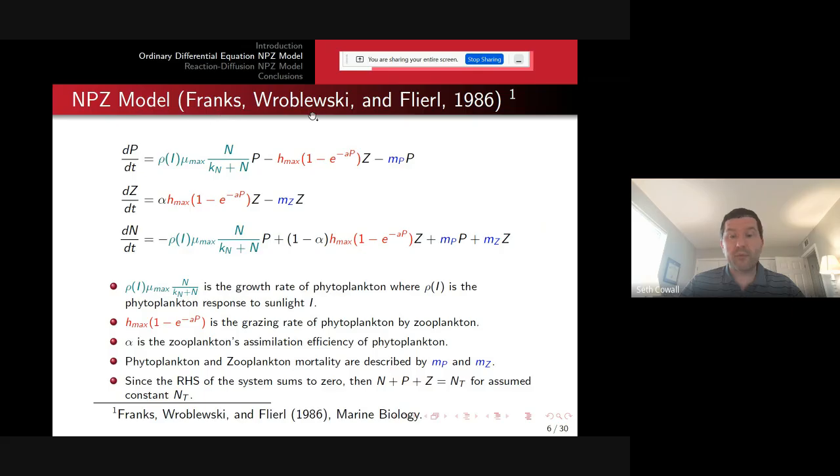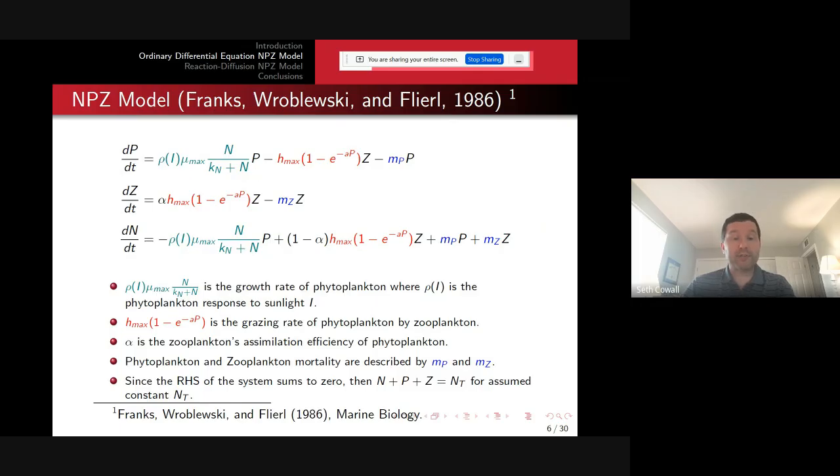This happens to be one that's very widely studied and cited, from Franks, Wroblewski, and Flierl from 1986, with the exception of one modification that we made, and that is this parameter rho right here. Rho is the phytoplankton response to sunlight, capital I, and we'll just say I for irradiance. Other than that, it's the same as their model. Let's quickly go through the mechanics of this. Phytoplankton are photosynthesizers.